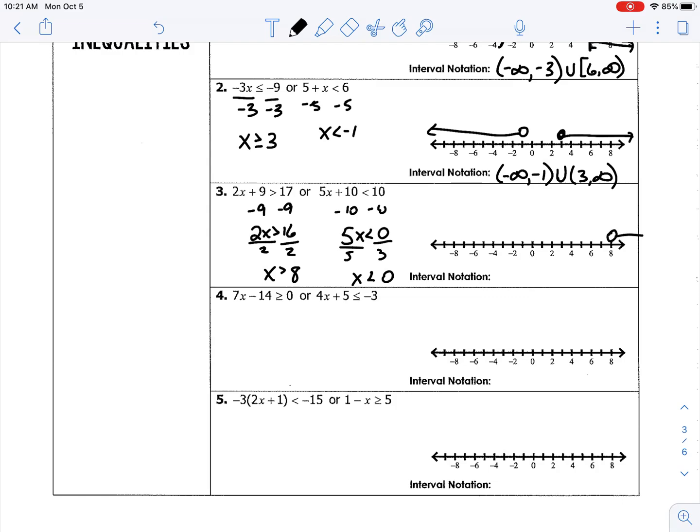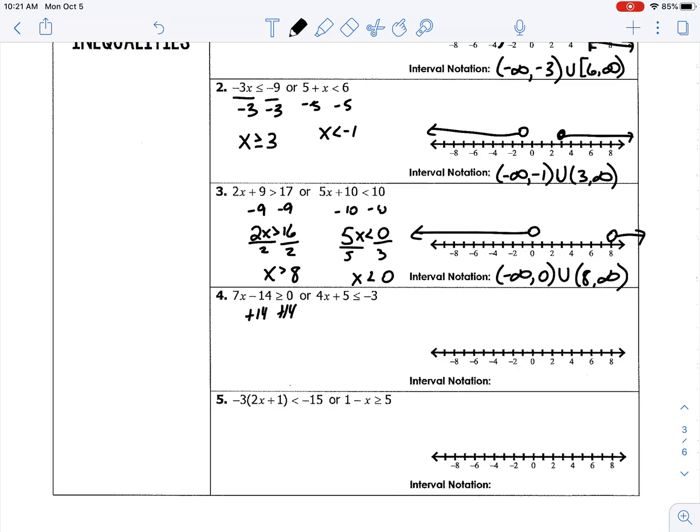We have an open circle at 8, and we're going to go to the right. We have an open circle at 0, and that's going to go to the left. My intervals: I've got negative infinity to 0, and my other interval started at 8 and went to infinity. So there's what we have when we're looking at our intervals.